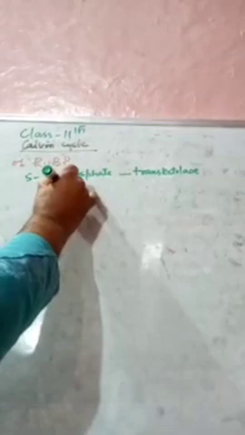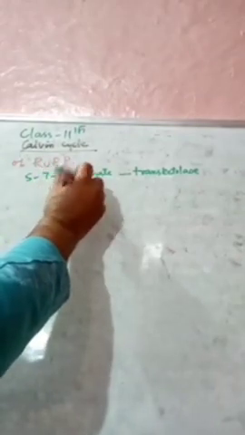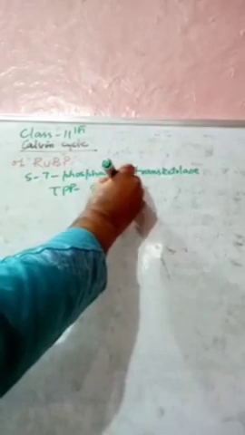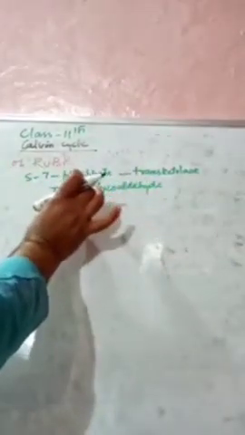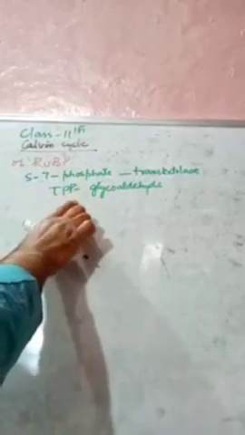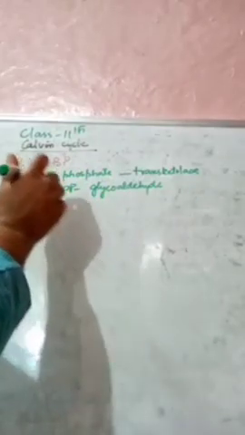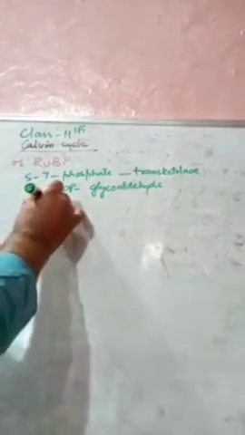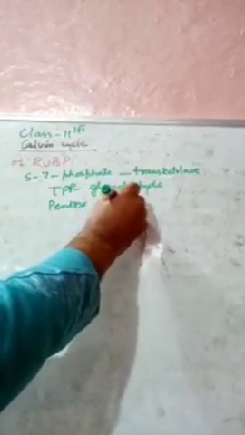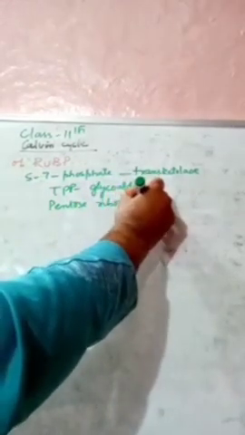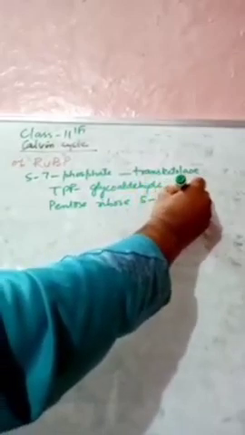The two top carbons are removed as TPP glycoaldehyde, leaving the pentose ribose 5-phosphate.